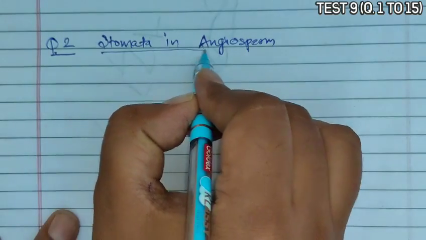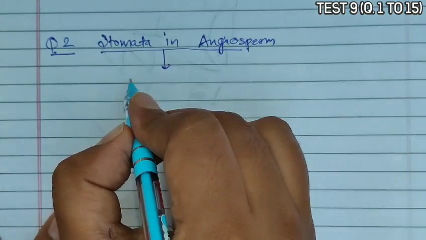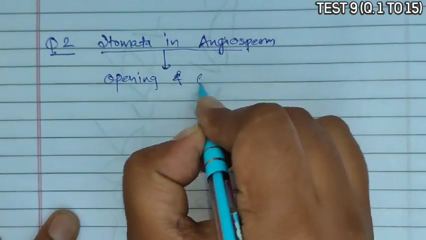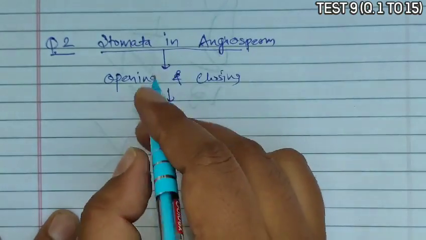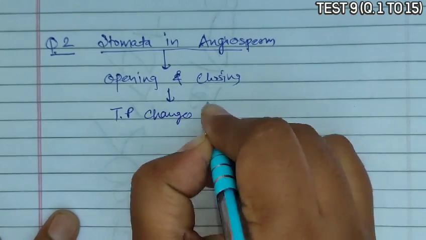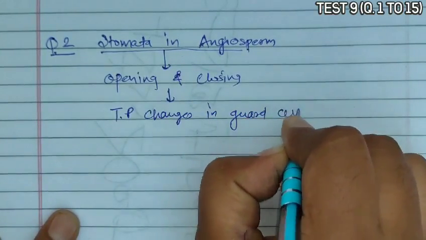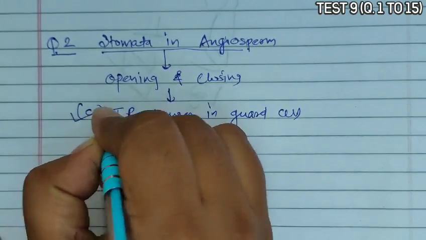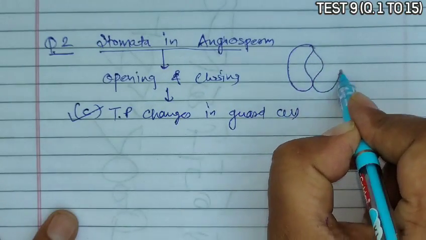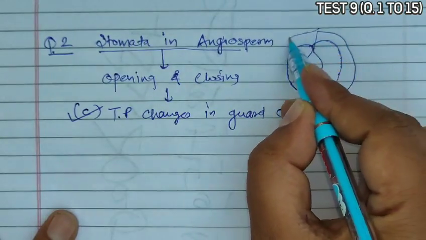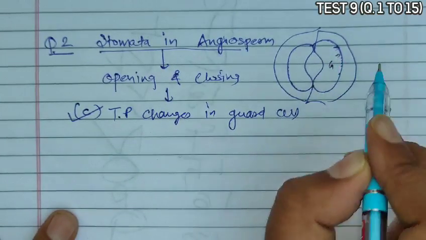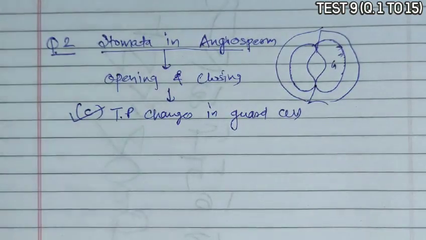So actually the opening and closing of stomata is regulated by turgor pressure changes in guard cell. So option C becomes the correct answer, because when we talk about the guard cells, the stomata look like this. When water level increases in the guard cell, the stomata get open, and when the water level decreases, the stomata get closed.